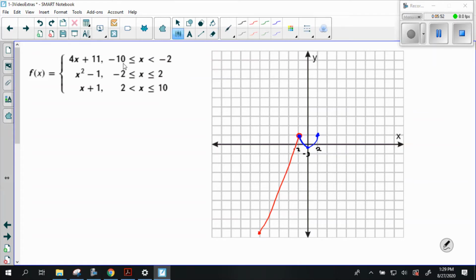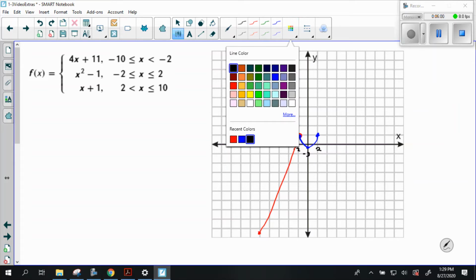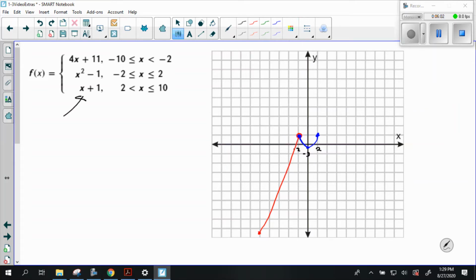Now let's graph x plus 1 between 2 and 10. So let's do a little math. Let's figure out for x plus 1 what's going on when x equals 2. That's just 2 plus 1. So when x equals 2, we have a y-coordinate of 3.